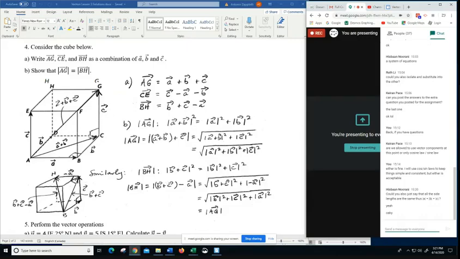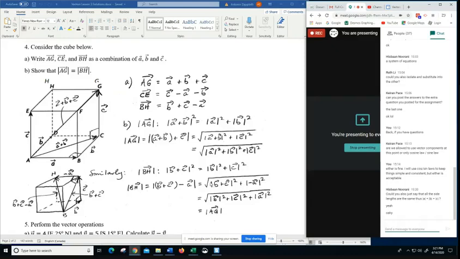In the end, I just went through the process that I talked about. How do I find this length here? Well, I can just use Pythagoras because it's a right angle triangle. And then when I'm working with this triangle here, again, a right angle triangle, it's the magnitude of AB squared, plus the magnitude of C squared.